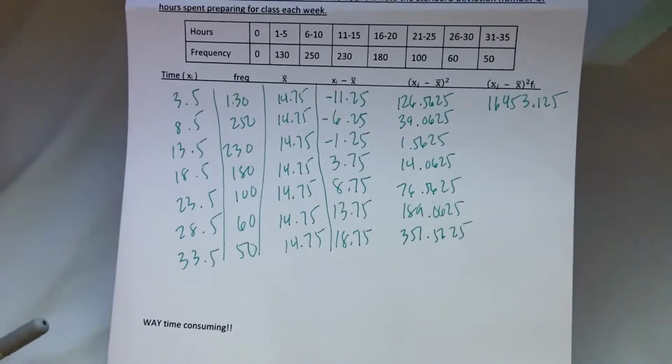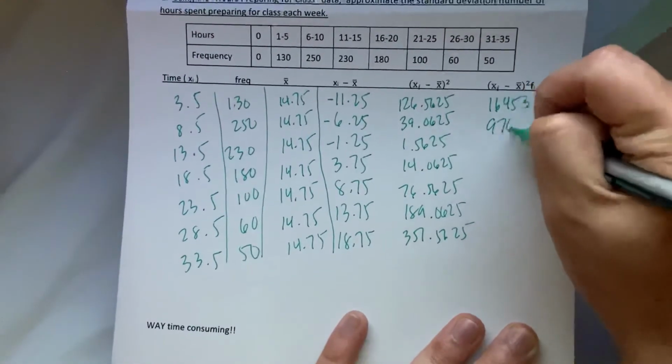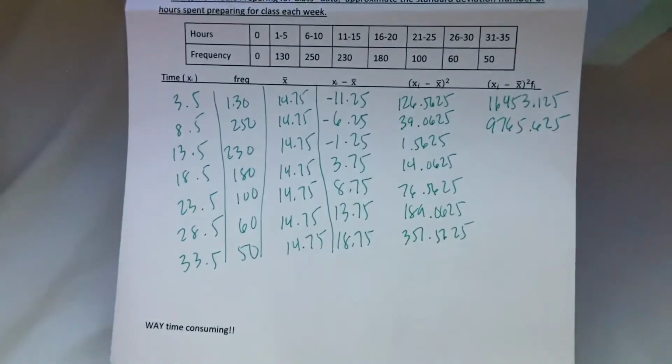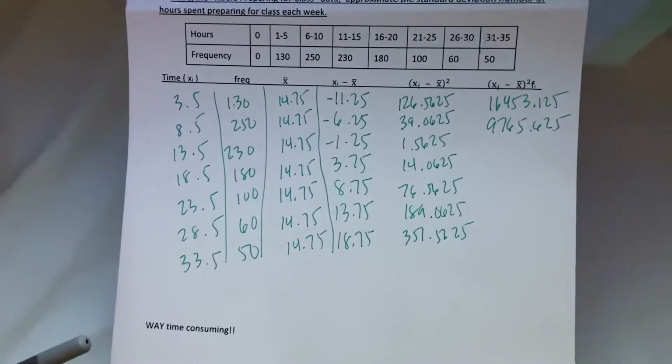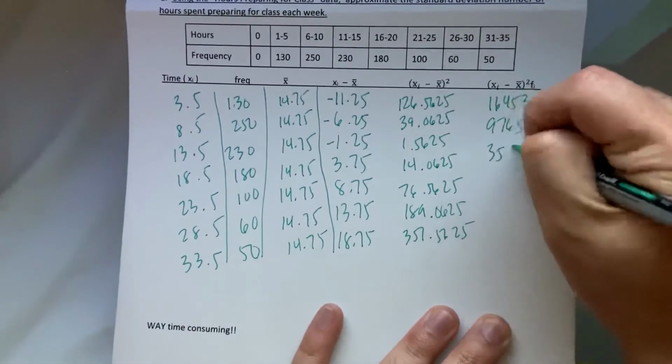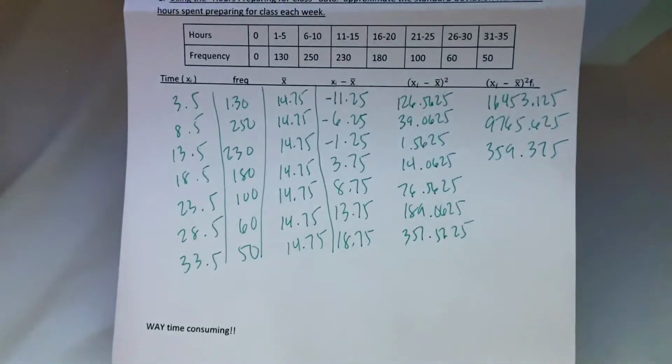You can see the writing on the wall now. 39.0625 times 250 is 9,765.625. 1.5625 times 230 is 359.375. 14.0625 times 180.